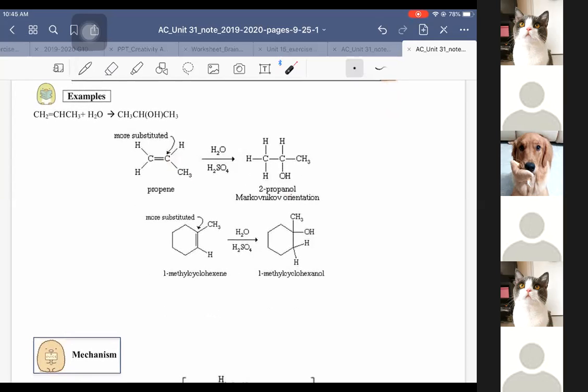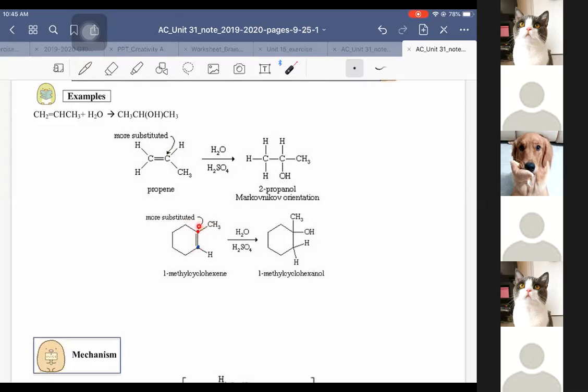Same for the second example. We have a double bond here, so the OH group can potentially add onto this position, which I use blue to represent, or another position, which I use red to represent. For the blue one, it has one alkyl group and two alkyl groups. But for the red point I highlighted, it has one alkyl group, a second alkyl group, and a third alkyl group.